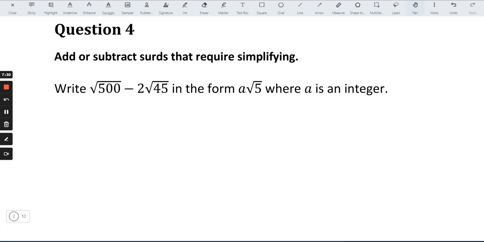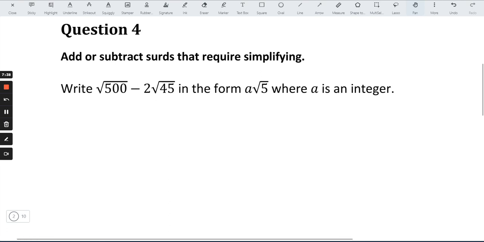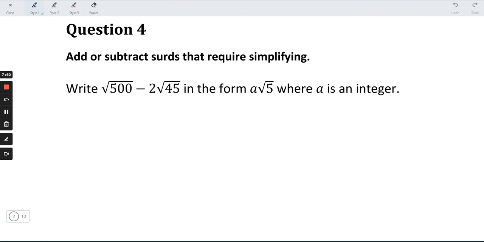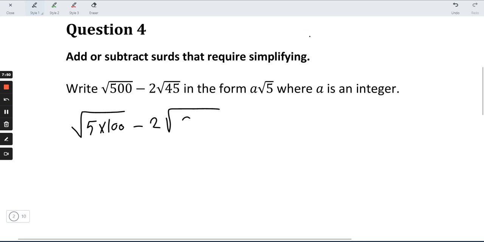Now here we know that the square root of 500 is no more than 5 times 100. So we will rewrite it as under the square root 5 times 100, minus 2 times the square root of 45, which is 9 times 5.